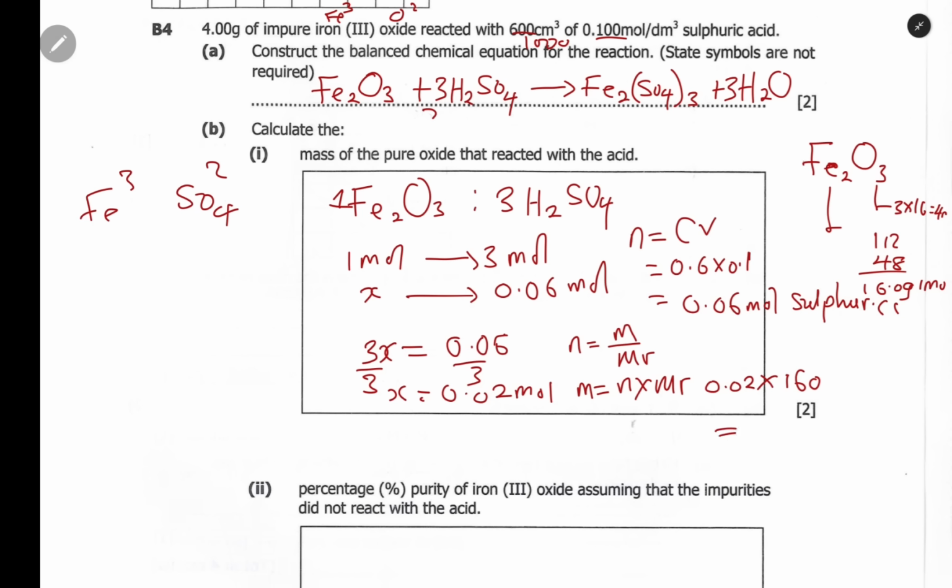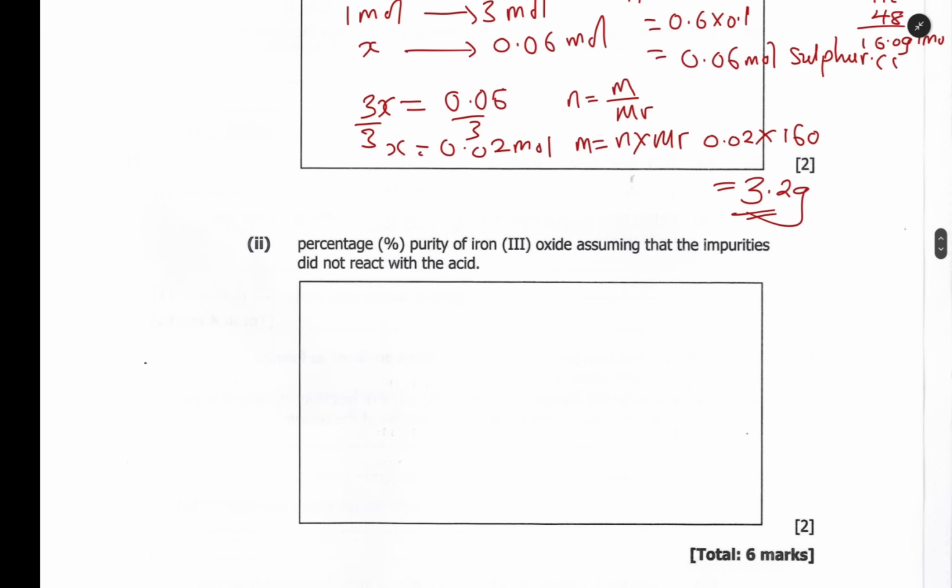Now that we found that, we multiply 0.02 by 160, and we are going to find 3.2 grams. So this is the mass of the pure oxide. Then the percentage purity of iron(III) oxide.